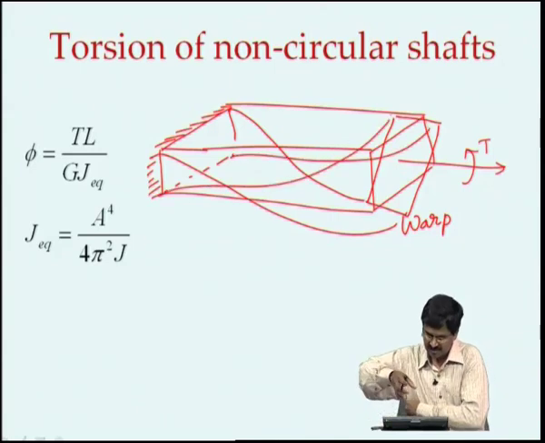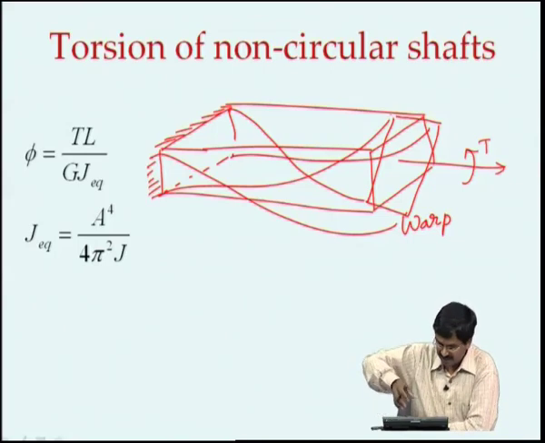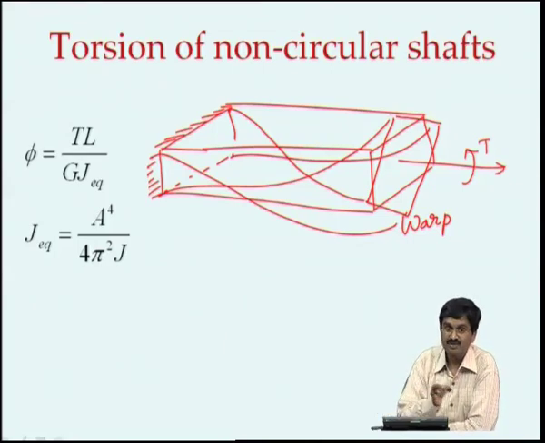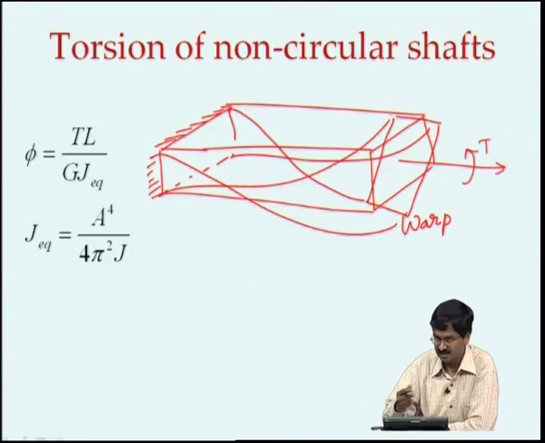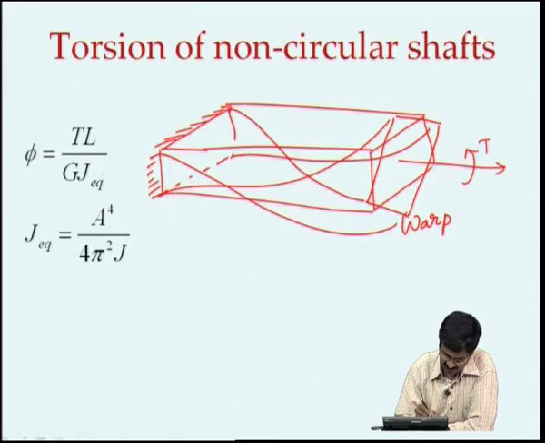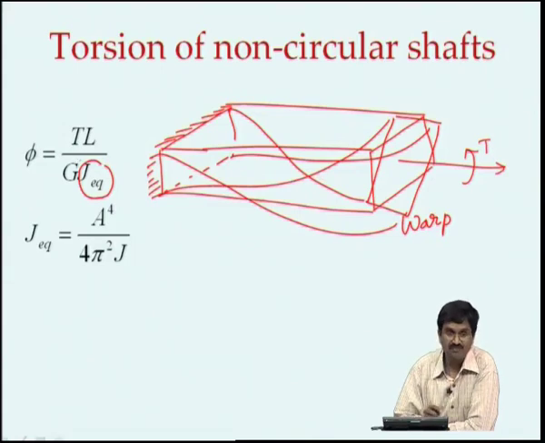So, this warping is rather difficult to imagine, but if you can imagine that, whatever assumptions we made earlier for circular cross sections will not be valid here. For this, there are approximations where we can define a J equivalent, okay, that is a polar moment of inertia equivalent, and still use the formulae we have derived for twist of the circular shaft.